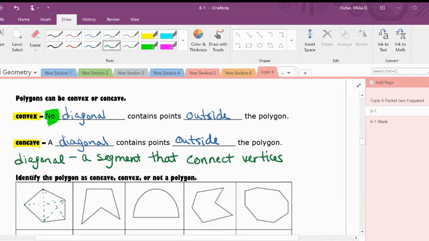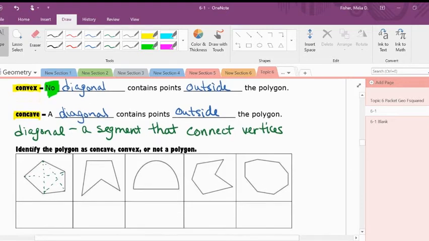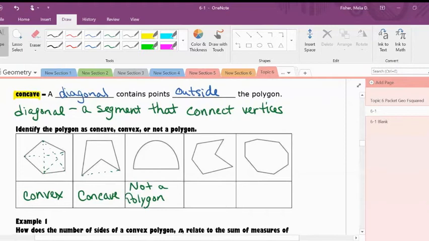We could draw all of the diagonals in there, but none of them are going to be on the outside, which means that this is convex. This one, I could draw from this corner to this corner, and that would be on the outside. So we see that this one is concave. This one is not a polygon. The next one is concave. And the next one is convex.